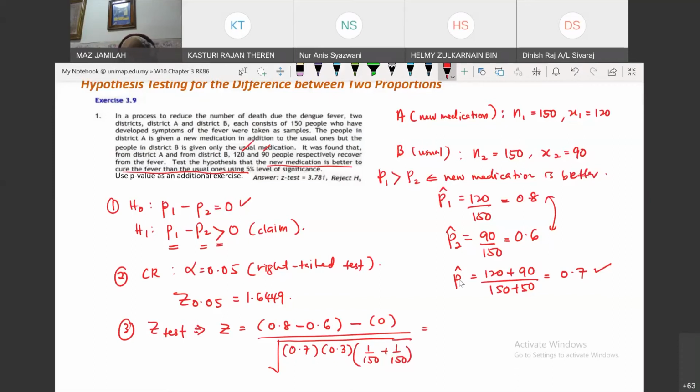Okay. So you will get 0.2 divided by what value? What is the denominator value?